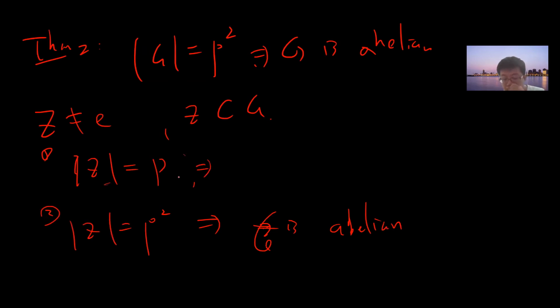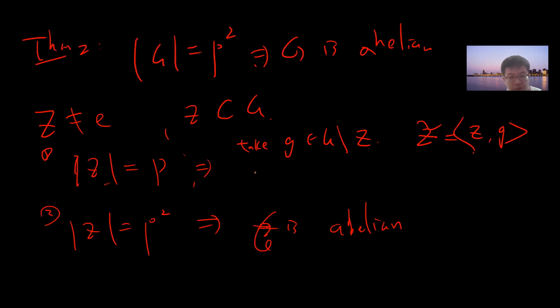So Z is p squared. But what if Z is p? Then I can take an element g belonging to G which is not in Z, and I define another group, Z tilde, generated by Z and g, which forms another group. So we have Z(g), which is also containing g.